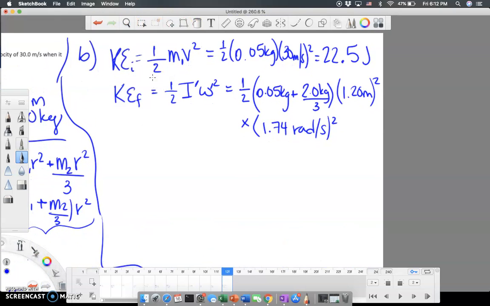Now I can plug everything into my calculator: 0.05 plus 2 over 3, times 1.2 squared, times 1.74 squared.